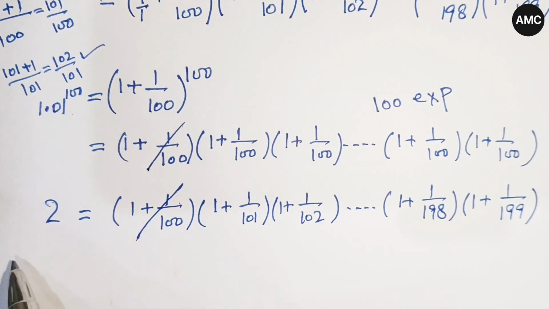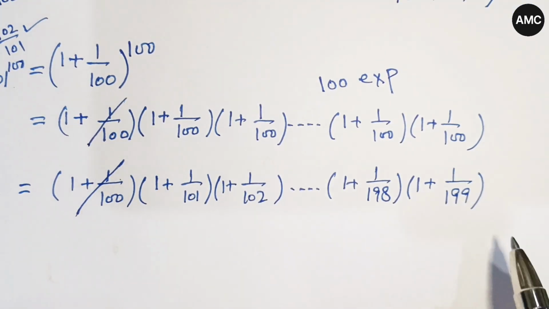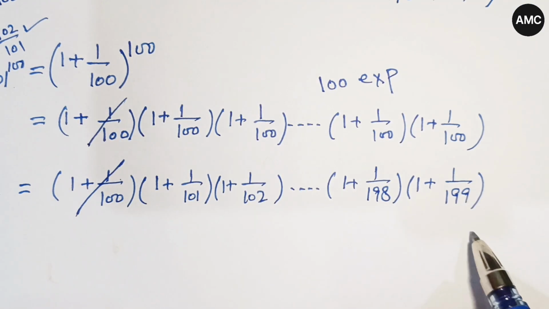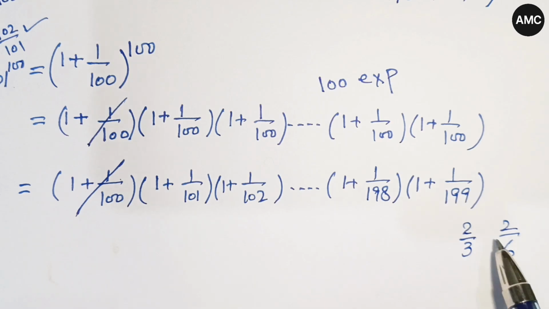If we have fractions with different denominators, let us suppose 2 over 3 and 2 over 6, we see that the numerators are the same but the denominators are different.